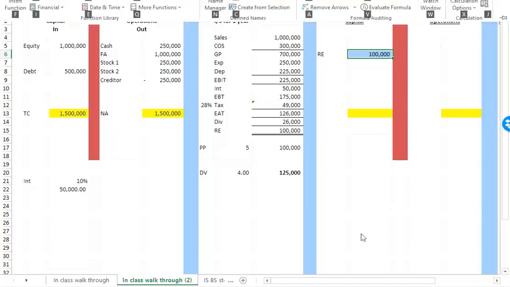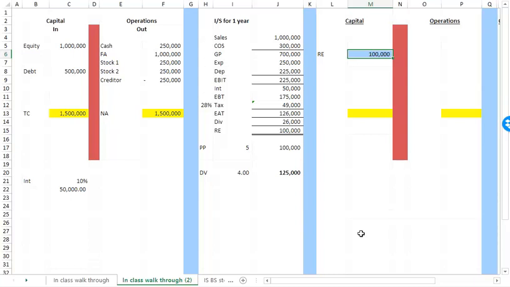I want to add some arrows in there just to reflect the fact that we have taken the money from the retained earnings and carried it over to the balance sheet, and in fact we have added it to any existing retained earnings because this retained earnings number is cumulative.